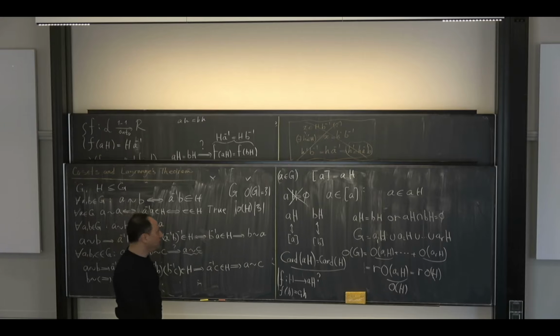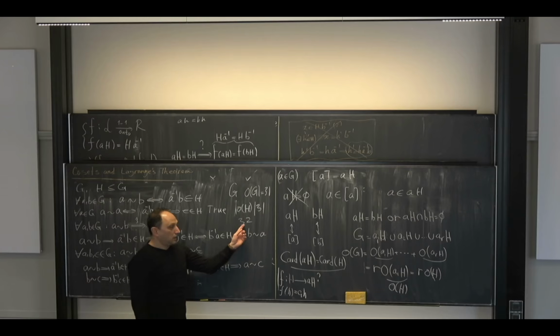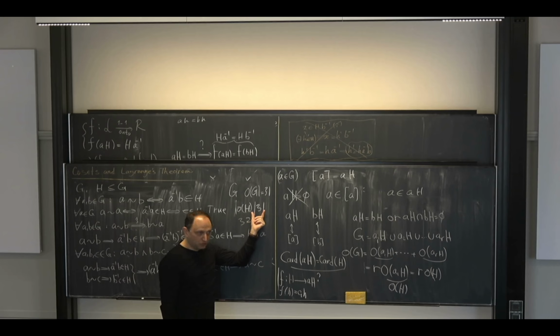But be careful. If I give you 32, there are a lot of options, but there is no guarantee. For example, 4 divides 32, but there is no guarantee that you always have a subgroup of order 4, unless you know something. What is that something? We had it before. The group is cyclic. If the group is cyclic of order 32, for every divisor you have exactly one subgroup.